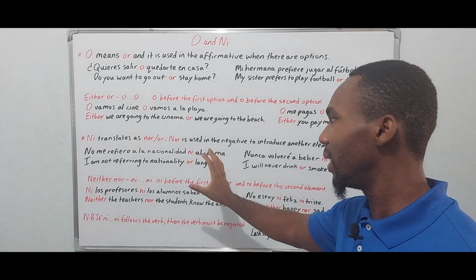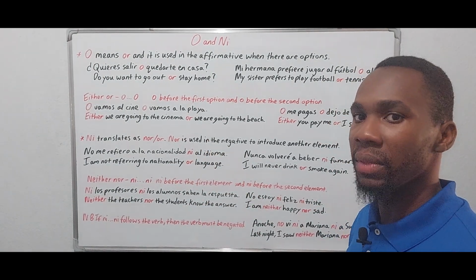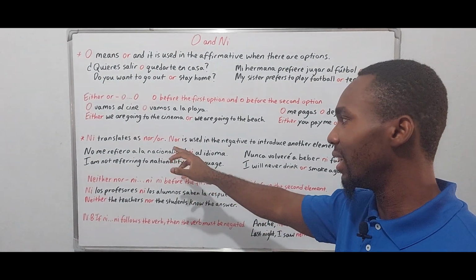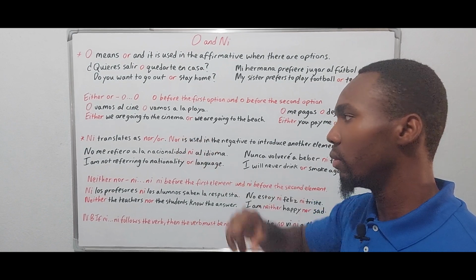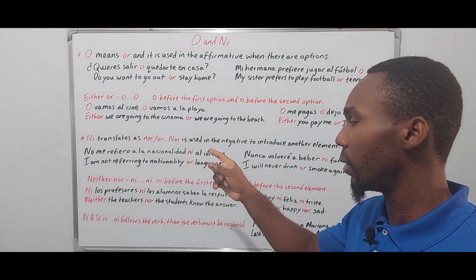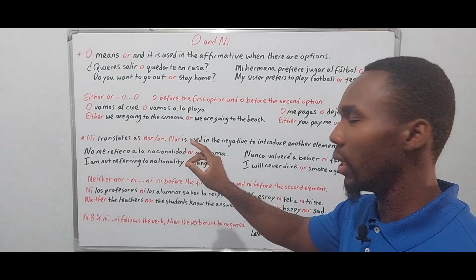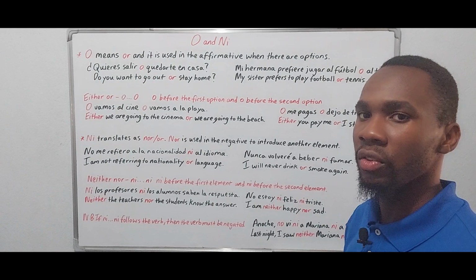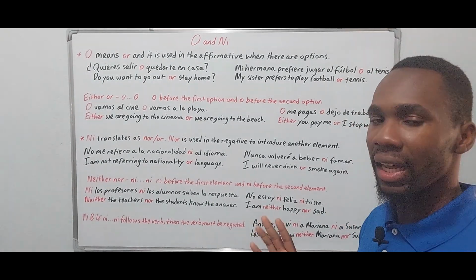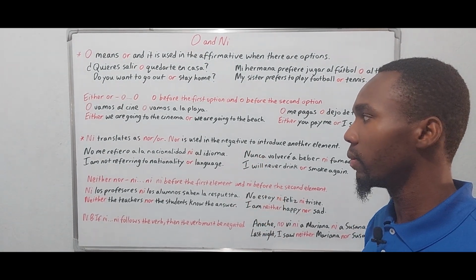So technically speaking, both of these have the same meaning, essentially, right? So sometimes you may see the first ni being omitted or left out from the first option, right? But that's fine once the verb is negated, right?